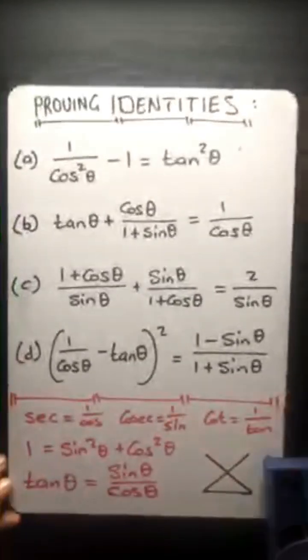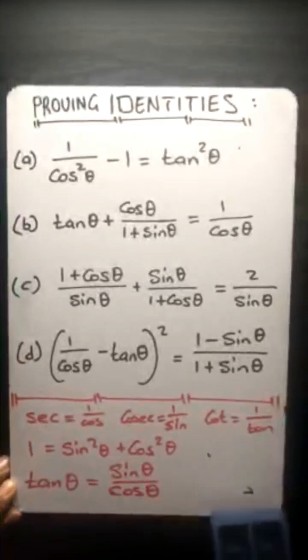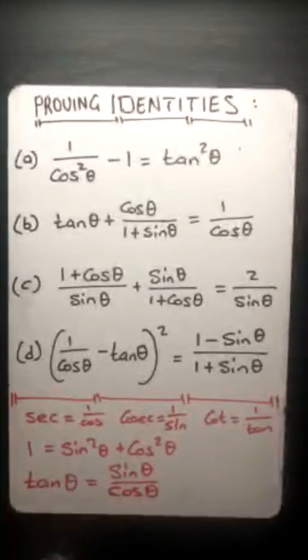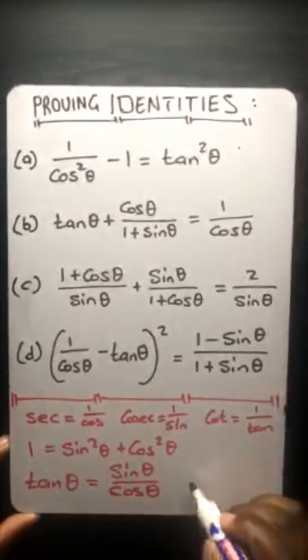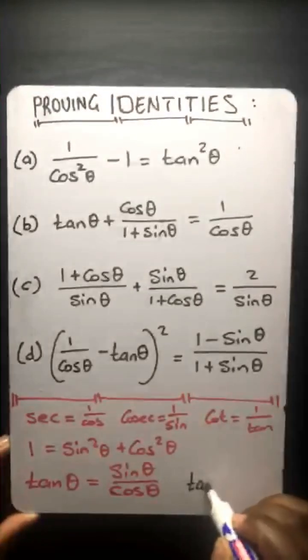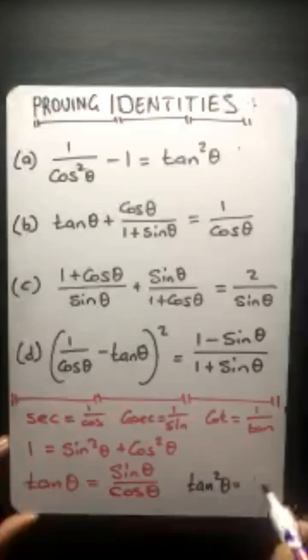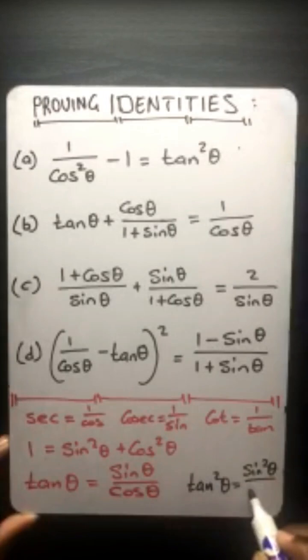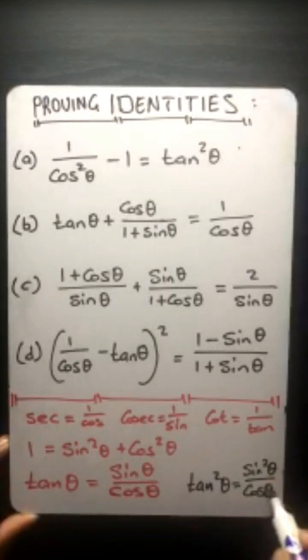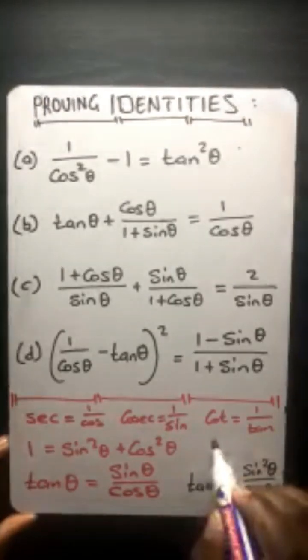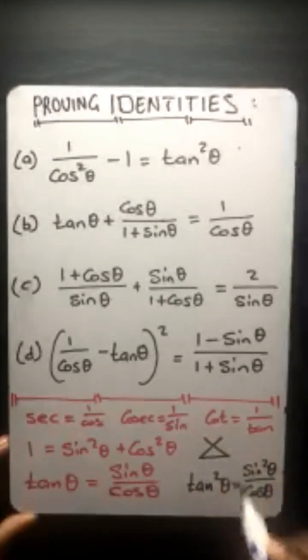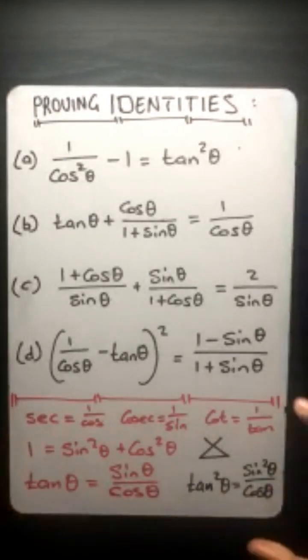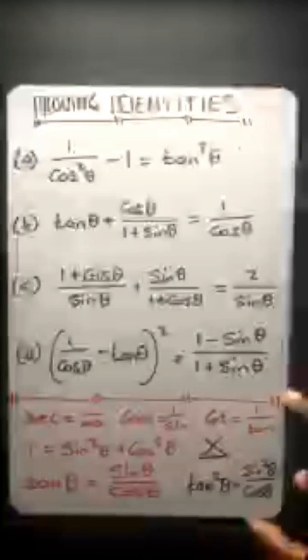Let's also include it here so that you guys will never forget that. With regards to tan, you can still have tan squared angle. That means it is going to be equal to sine squared angle over cos squared angle. And maybe let's include that somewhere there. So every time when you practice, always have that.